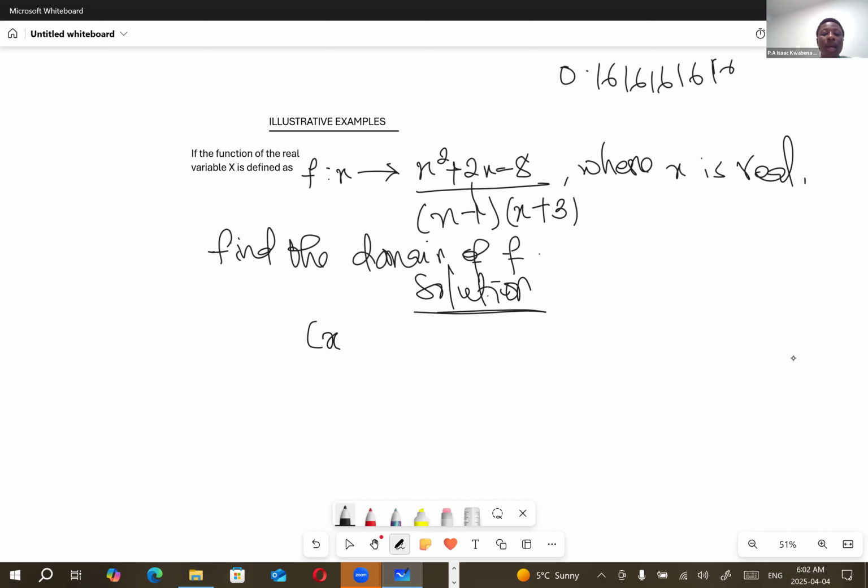So you're gonna have x minus 1, x plus 3, and you equate it to 0. Then you solve. Now look, be smart here. You remember quadratics factorization, right?